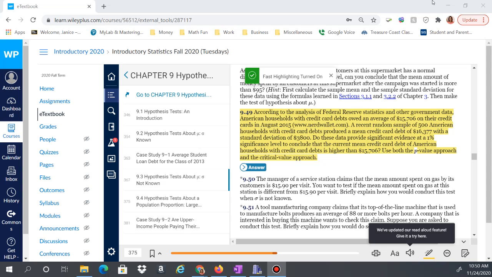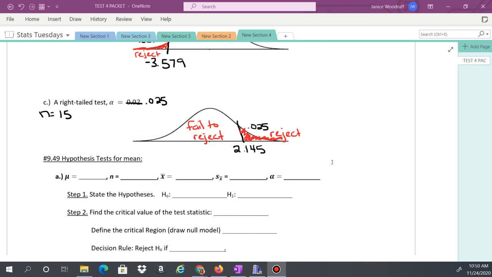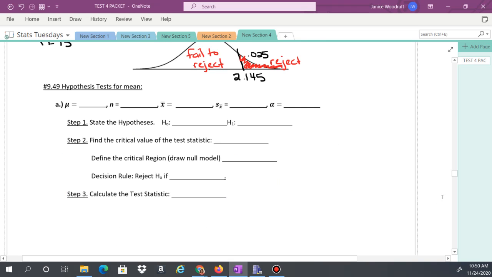Okay, so when we put this information into our test, I'm going to start with the null and the alternative. Okay, you have a null hypothesis that the mean credit card debt is equal to $15,706.